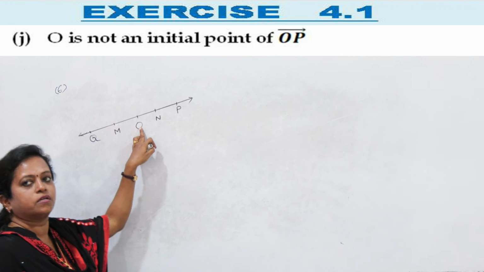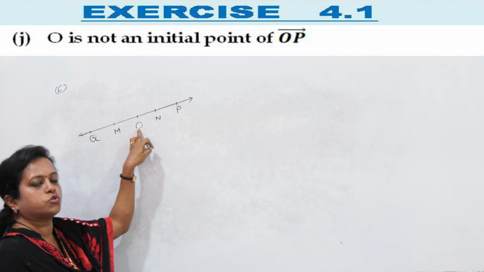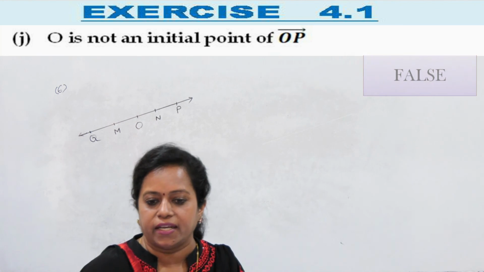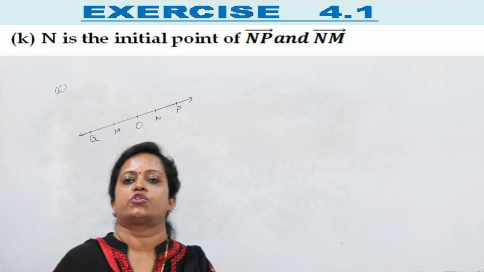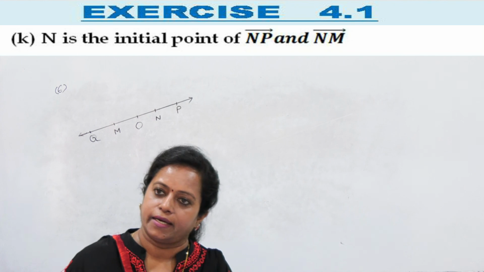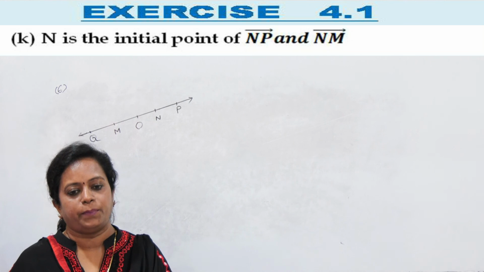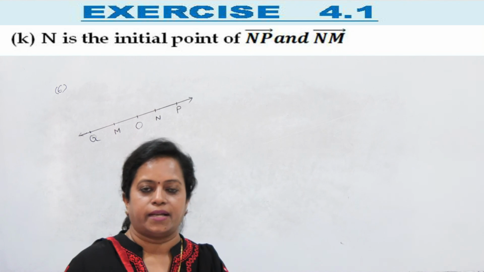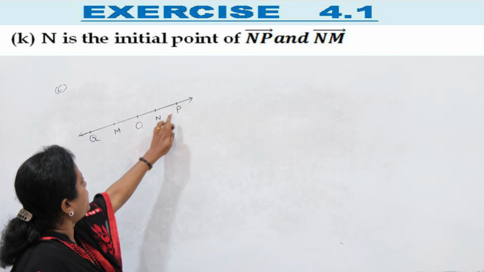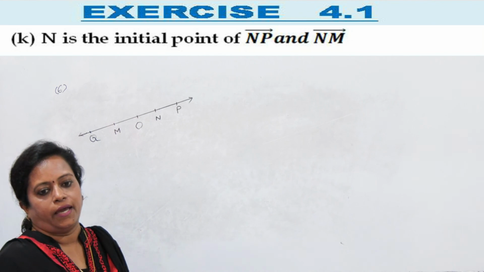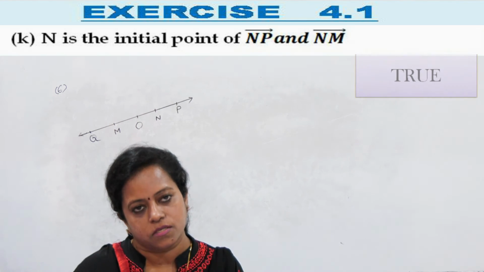But you can see that ray OP starts from O. So this statement is also false. And the last statement is N is the initial point of NP and NM. Line segments NP and NM, the initial point is N. So this statement is true.